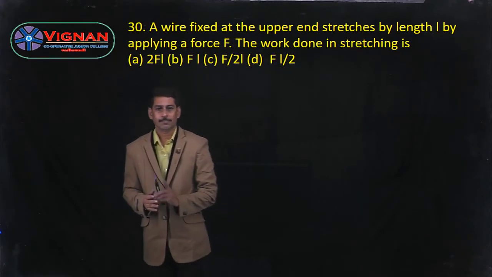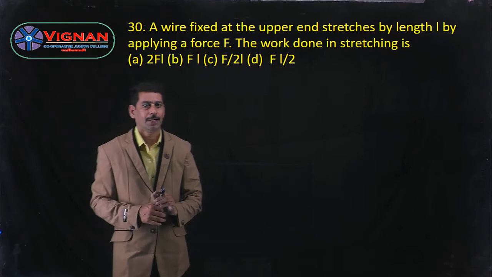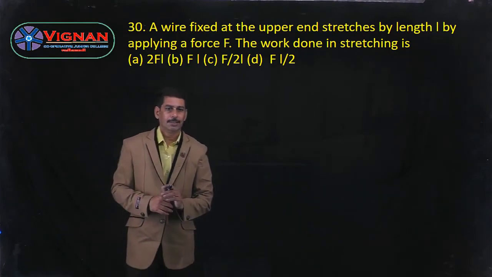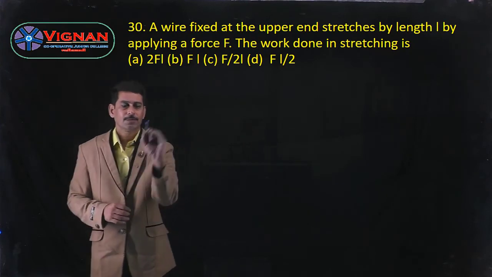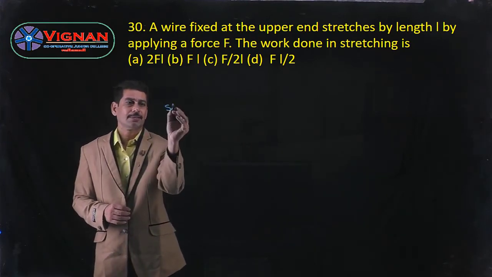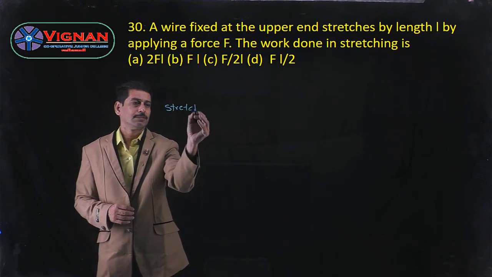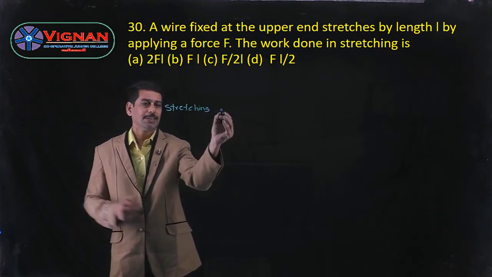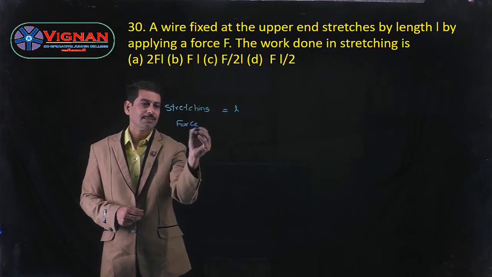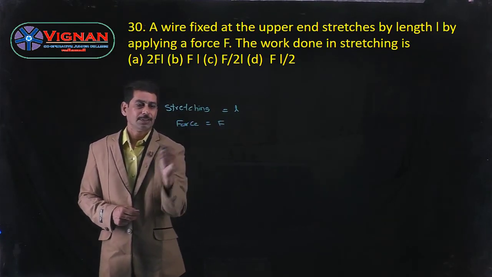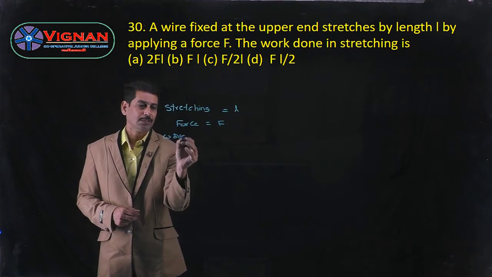The next problem: a wire fixed at the upper end stretches by length L by applying a force F. The work done in stretching is. Here the stretching is nothing but the increase in length, which is given as L, whereas the force is given as F. We have to find the work done.